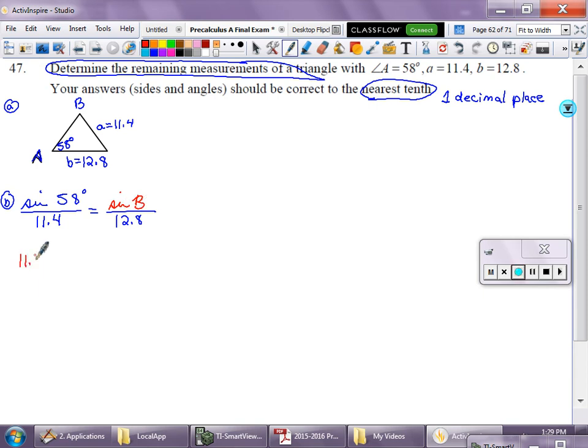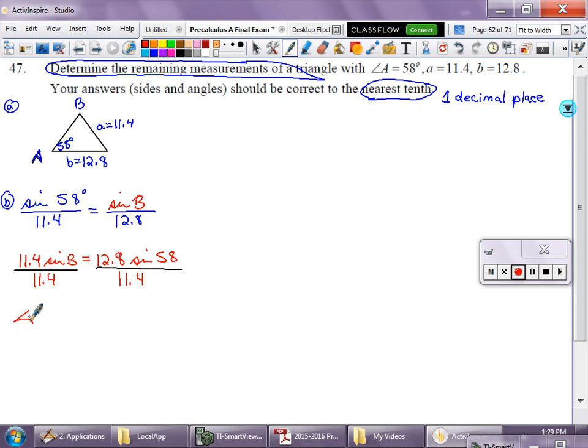Okay, constant becomes your coefficient and you're cross multiplying. Equals, constant becomes the coefficient. Undo multiplication with division, and this is 11.4.